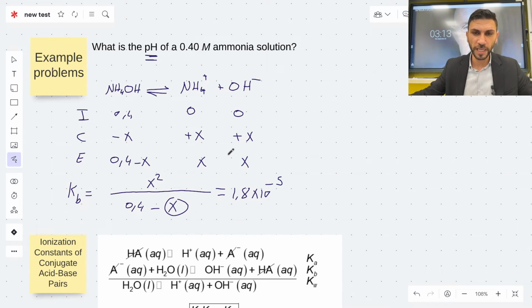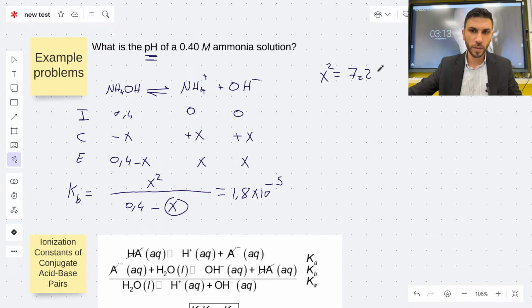We solve it for x, that means x squared equals this number, 1.8 times 10 to the power of negative 5, multiplied by 0.4, which equals 7.2 times 10 to the power of negative 6.